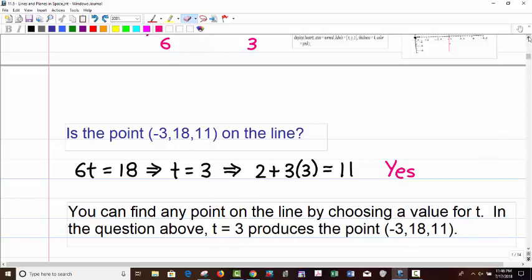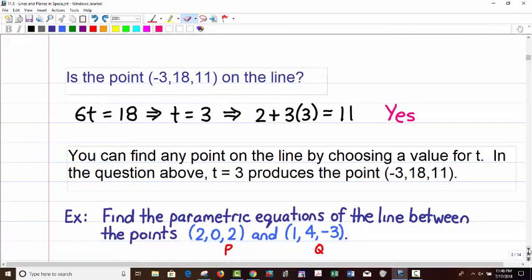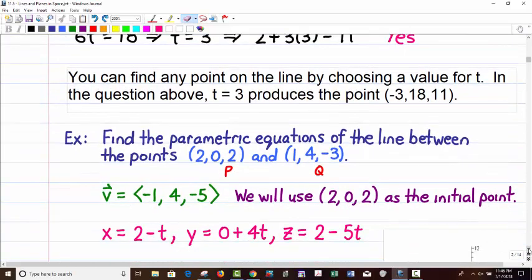But most people, if you had to come up with a point on this line, would just use 0. Well, actually we already have a point on the line. But let's pretend we didn't have that point and we were just staring at the parametric equations. Put 0 in there, and that would generate a point on the line. That would probably be the easiest thing to do. But mathematically, you can pick any value for t.